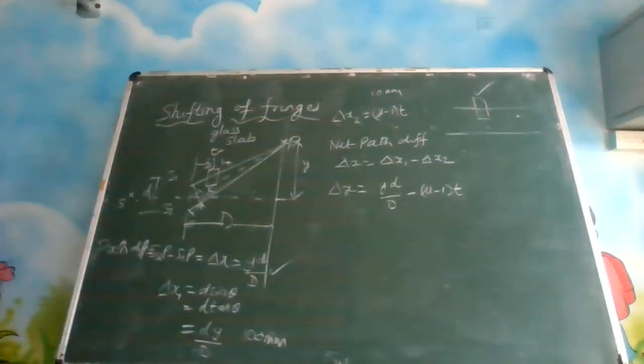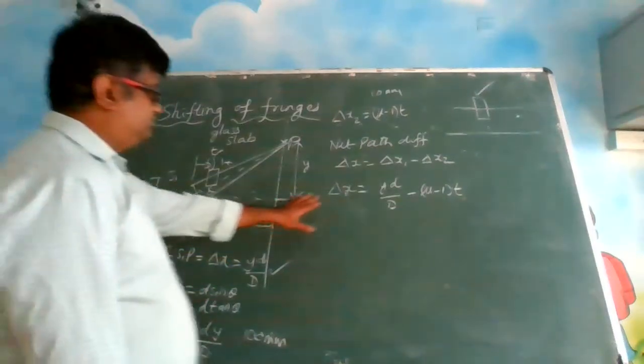(Mu minus 1) into t. This is the net path difference. Okay. Just take a screenshot. Now, this is the path difference, right?